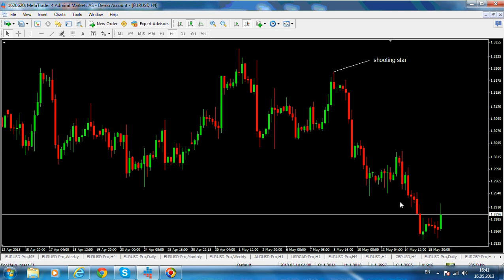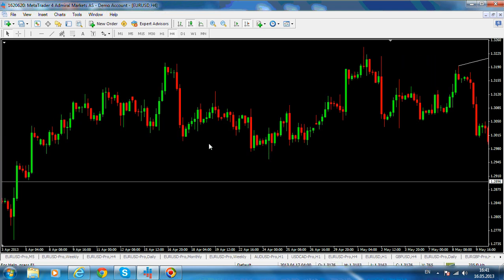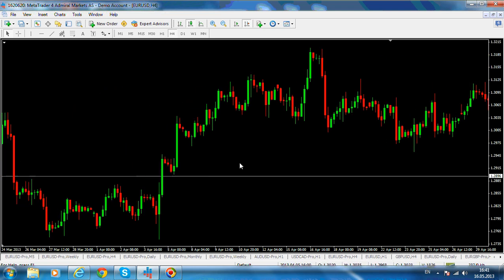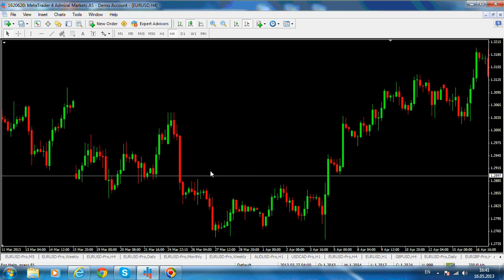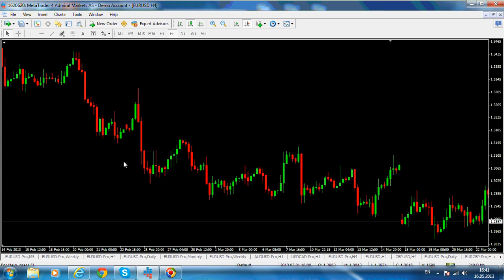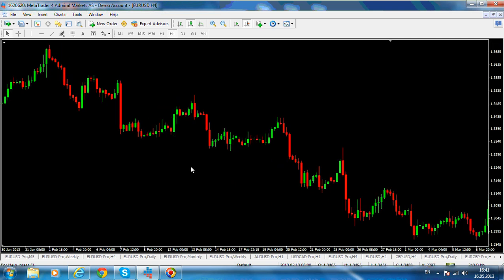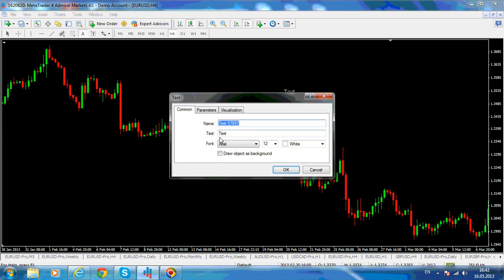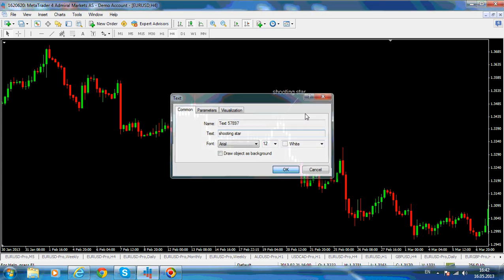downside after that. Let's look for some more examples. Remember, when you're looking for a shooting star, you are looking for the market to come after a rally, so you're looking for possible top formations, and this has the prerogatives of being a shooting star. Like this.